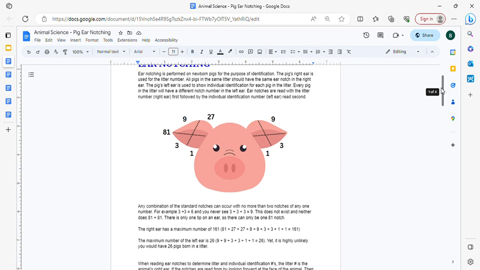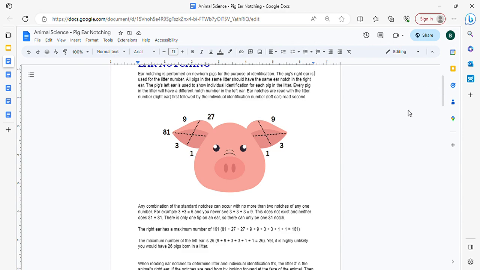Any combination of the notches can occur with no more than 2 notches of any one number. For example, you could see 3, 3, which is 2 notches in the 3 quadrant, and that would equal 6. But you're not going to have 3 notches there, so it's not going to be 9, because we go to the next quadrant to do that.